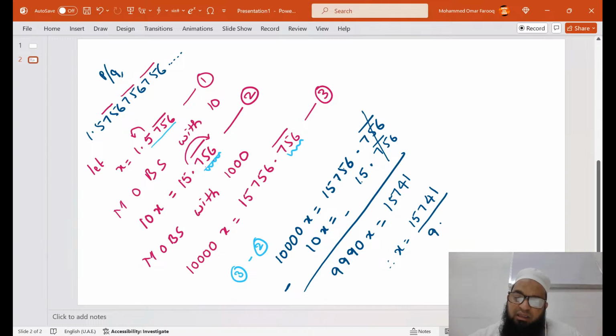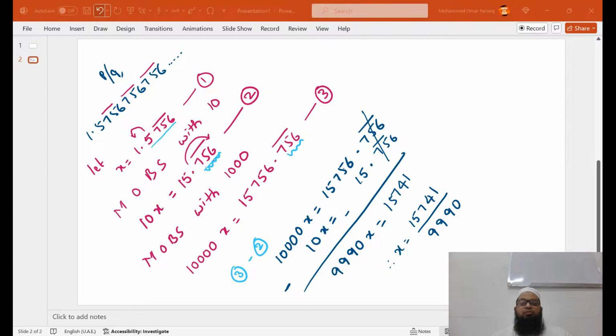divided by 9990. Okay, so what are the common factors, my dear students? What are the common factors of 15,741 and 9,990? Let me check.